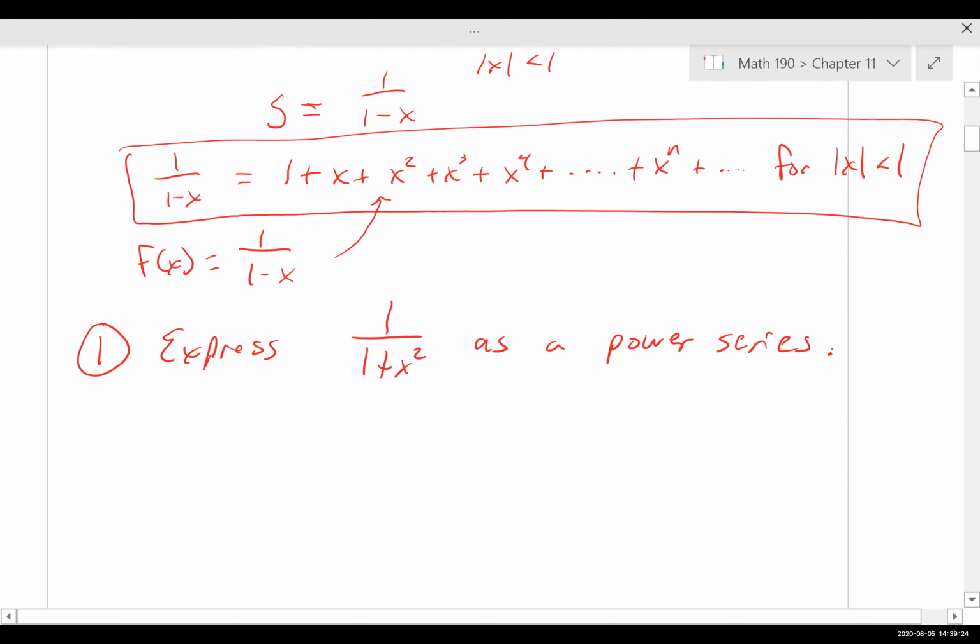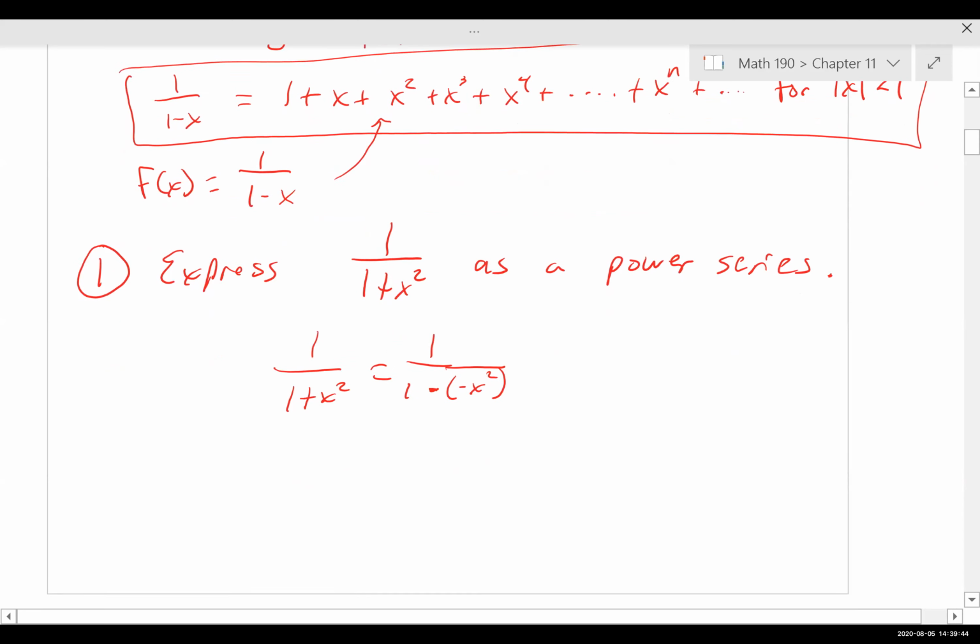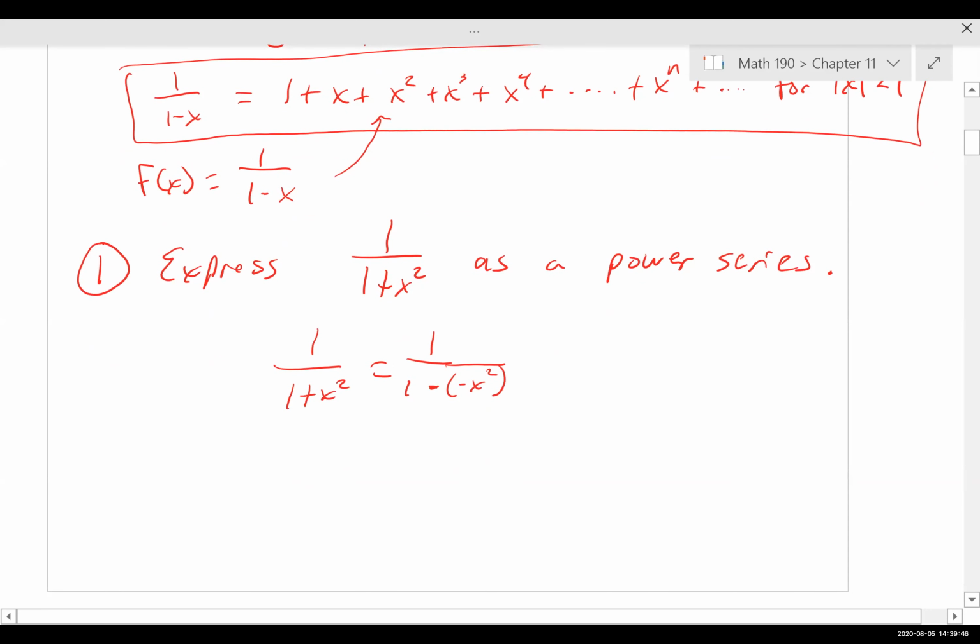Well, let me rewrite this a little bit. Let's say that 1 over 1 plus x squared is equal to 1 over 1 minus negative x squared. Can I rewrite it like that? Sure. Now why am I rewriting it like that? Because I can say this is like t, right?